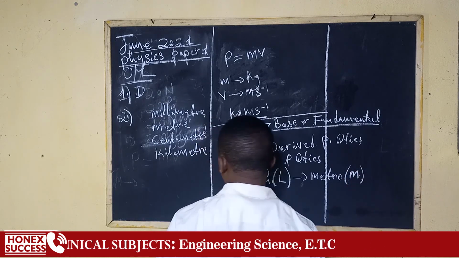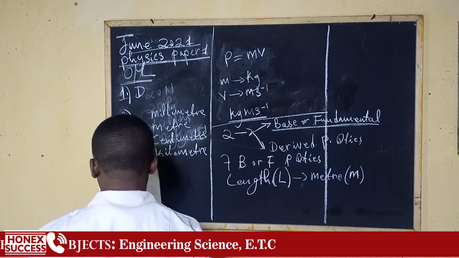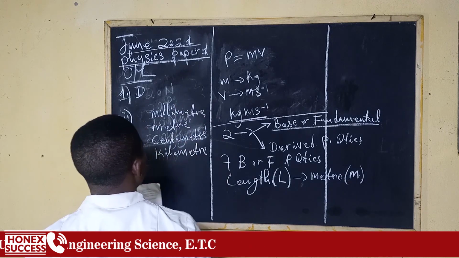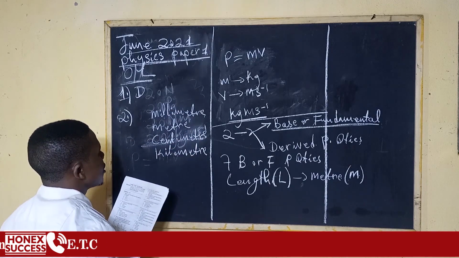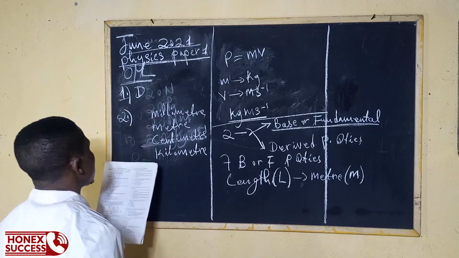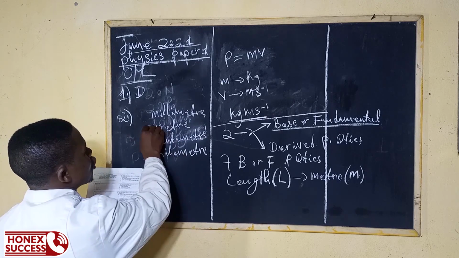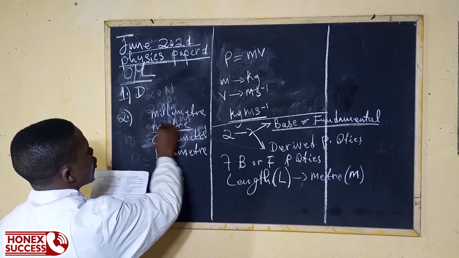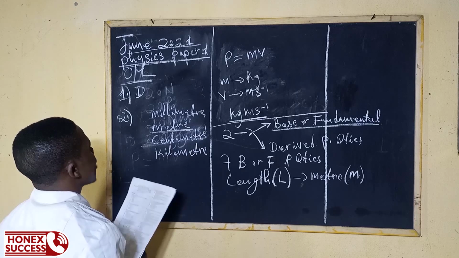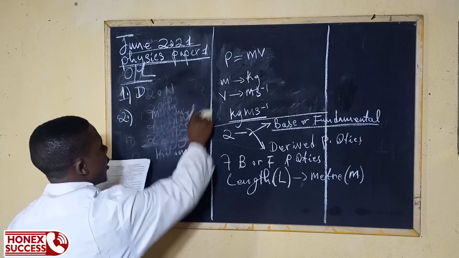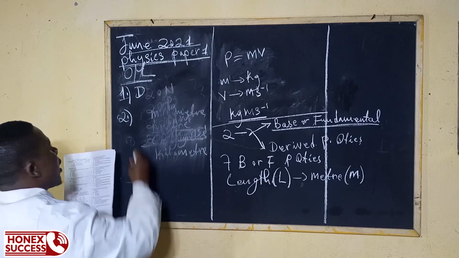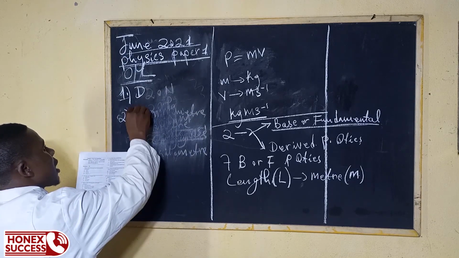So if you compare it with the other units that are given in these 4 options, you will see that the second option, or option B, is actually the right answer. So we get to our answer sheet and we mark B, which is the right answer.